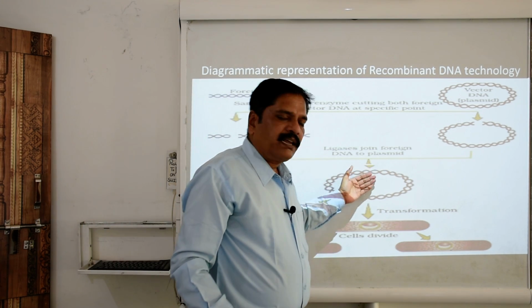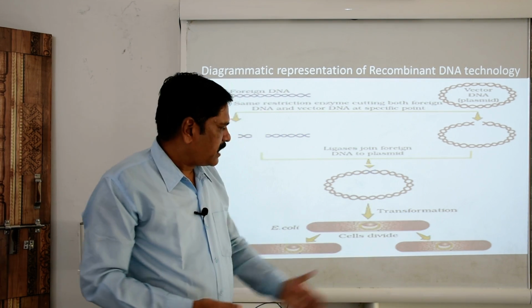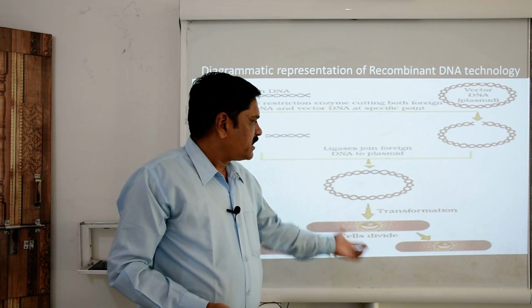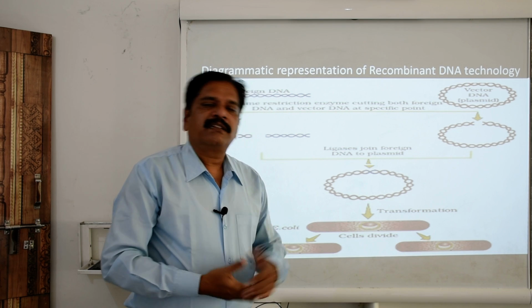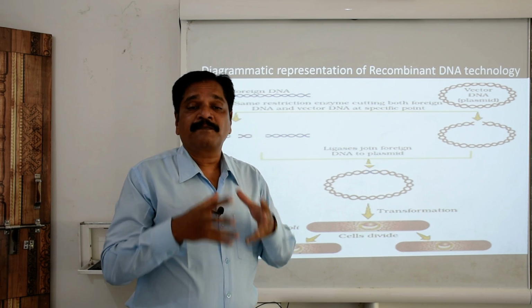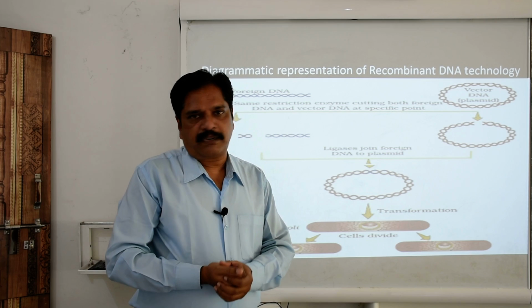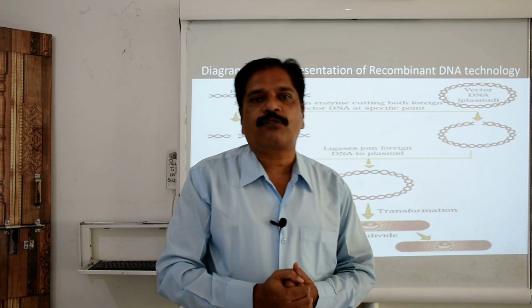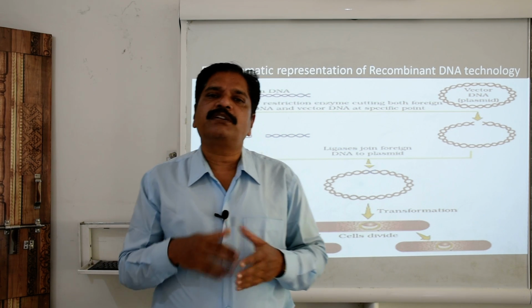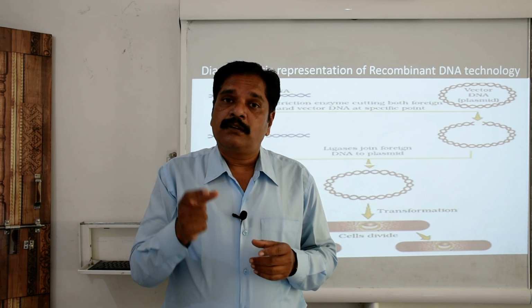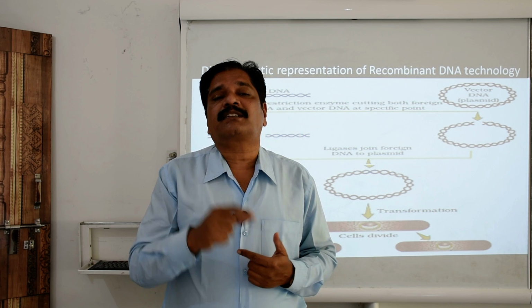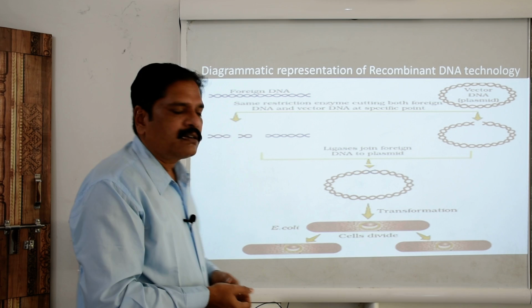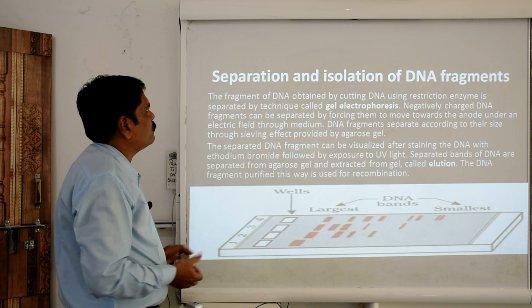Then it is transferred to the host cell, here the bacterial cell E. coli. When this E. coli multiplies itself, naturally this recombinant DNA is also multiplied. If we need more copies, then by using some stimulants we can motivate this specific DNA segment to multiply itself and form copies, which is cloning.